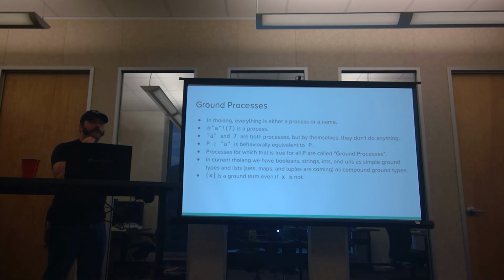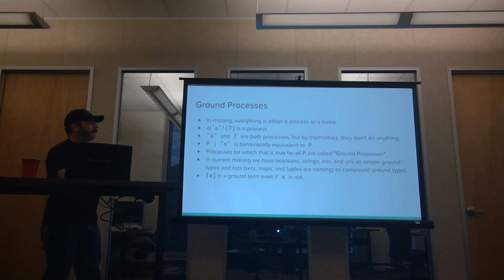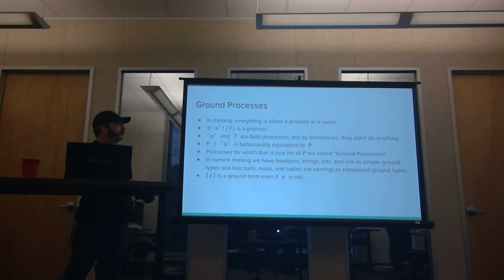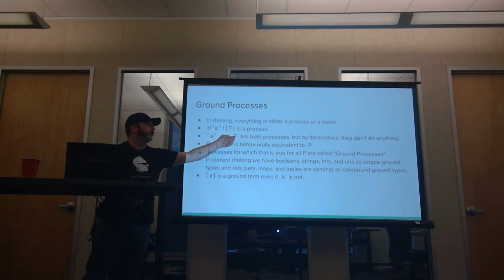So, in RHOLANG, everything is a process. You'll notice that we quoted the string A. So this send 7 is a process, but so are the string A and the number 7.